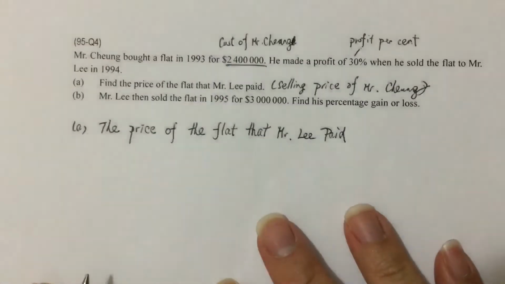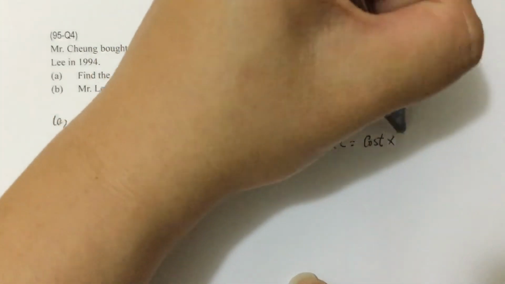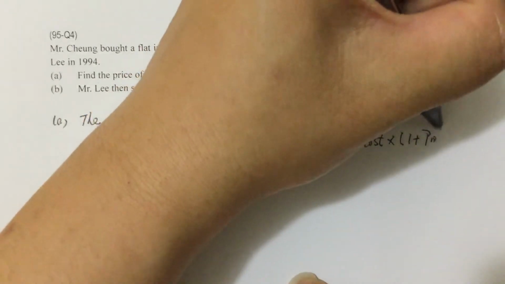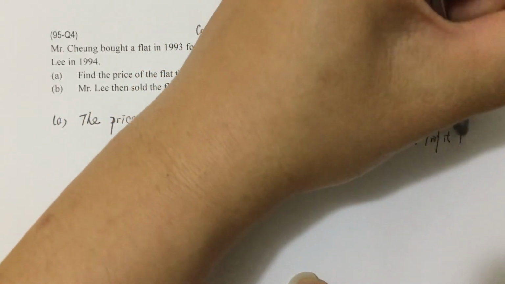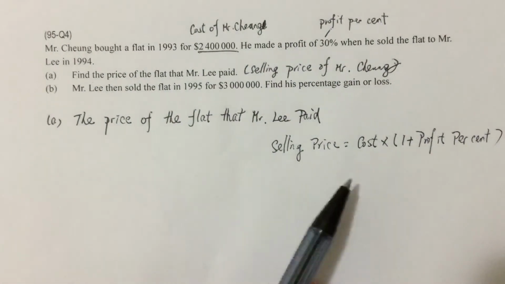What we can do is use the formula: the selling price is equal to the cost times 1 plus profit percent. So we can use this formula to solve the question.